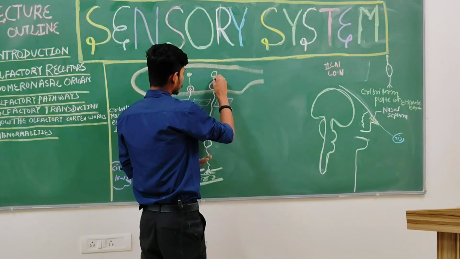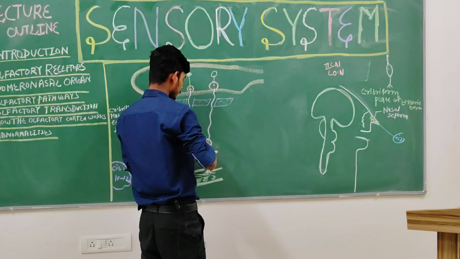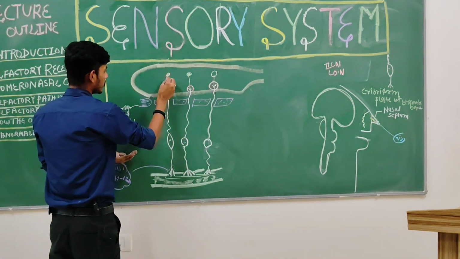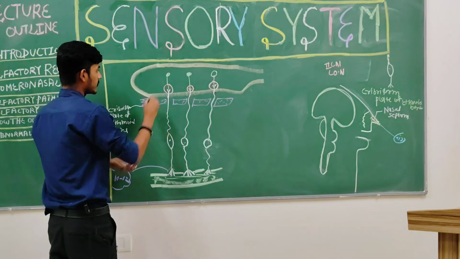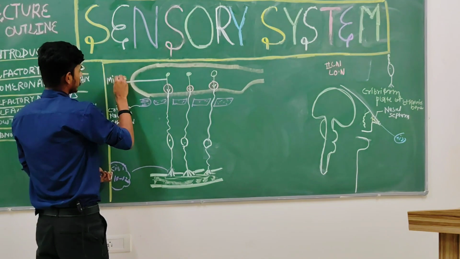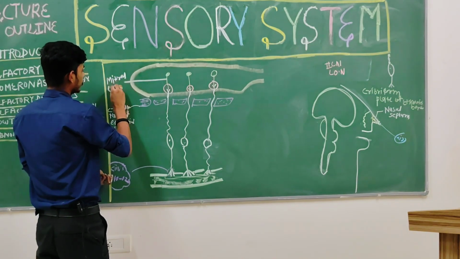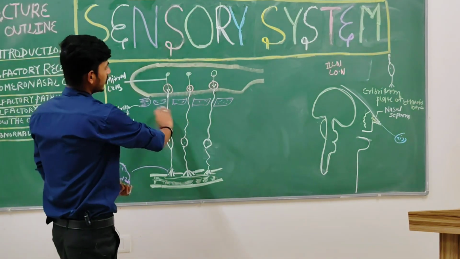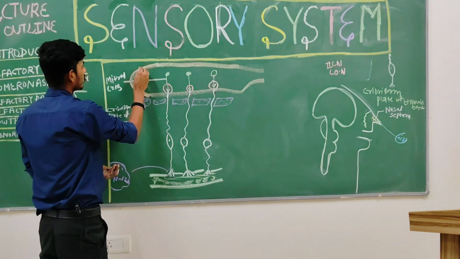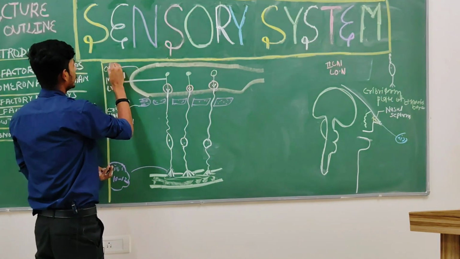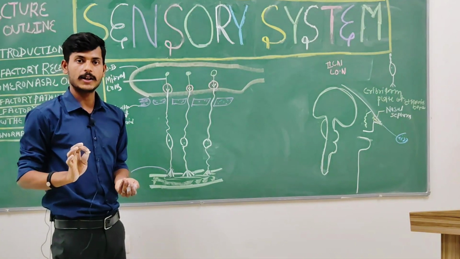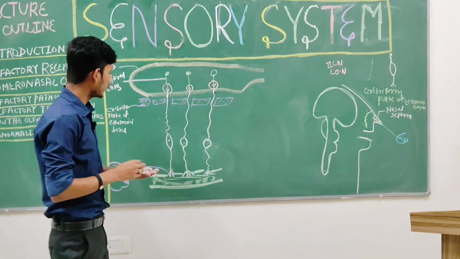Understood? This is your mitral cell. It is basically present in the olfactory bulb, and this is your olfactory bulb. Understood? Any doubt till here? Shall we move ahead?